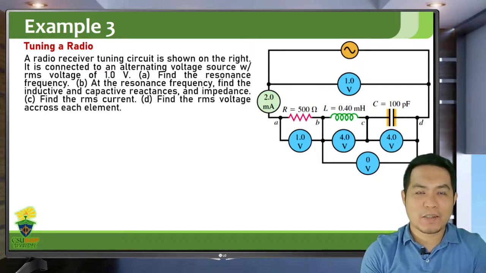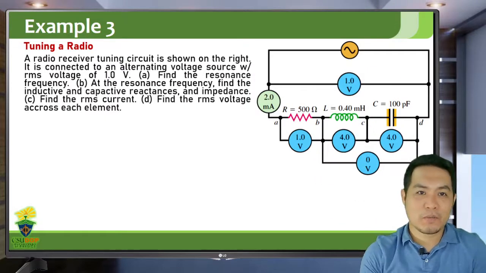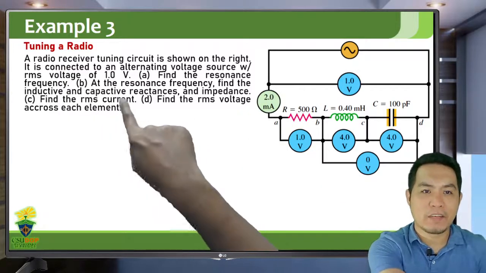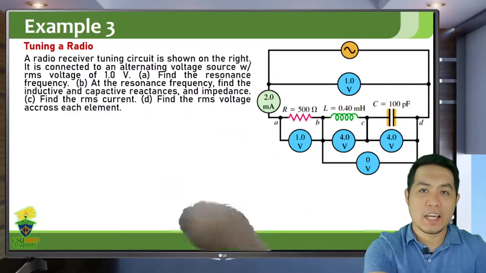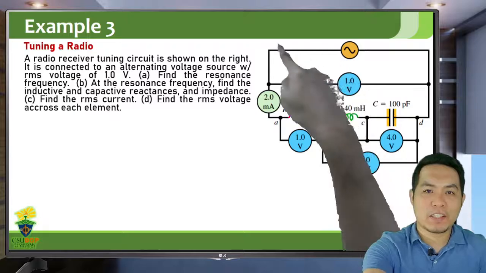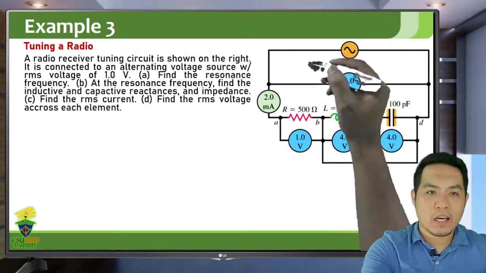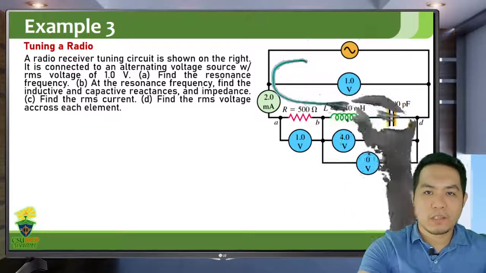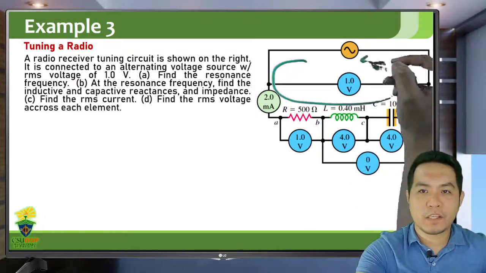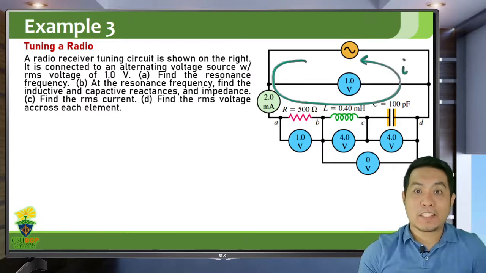So find the resonance frequency for this LRC circuit configuration, and at the resonance frequency, you find the inductive and capacitive reactance and the impedance. And you are asked to find the RMS current. This is a series circuit, so there will be a current flowing through the circuit. It's actually an instantaneous current.